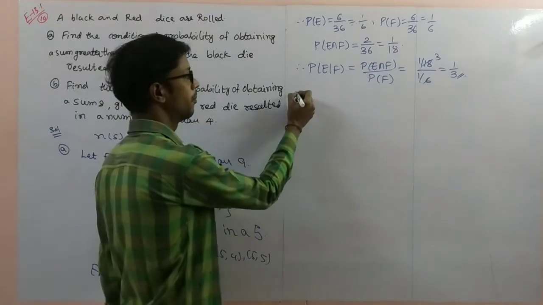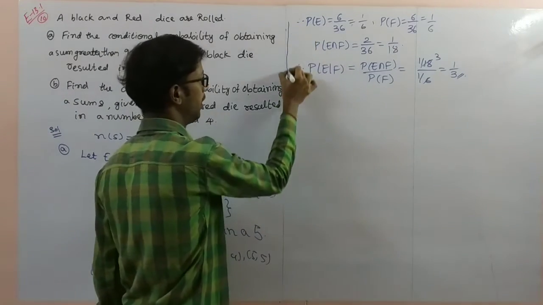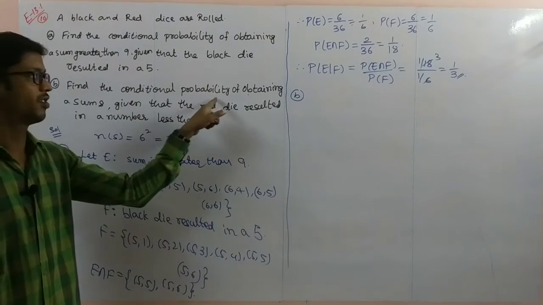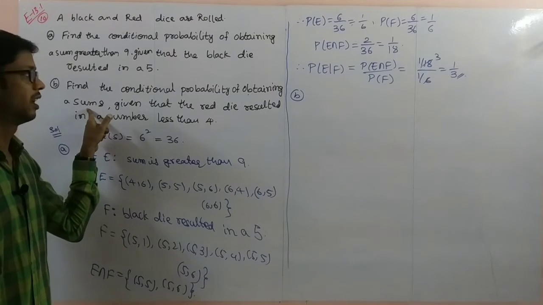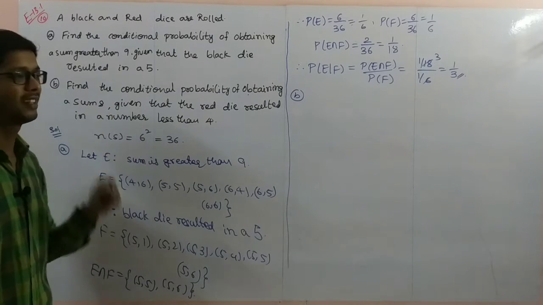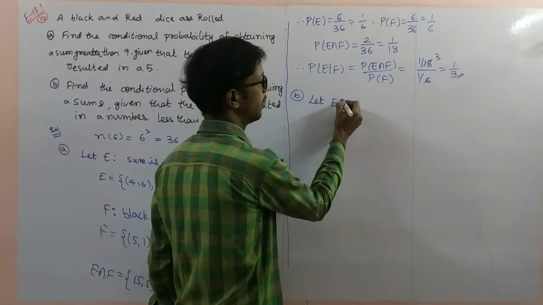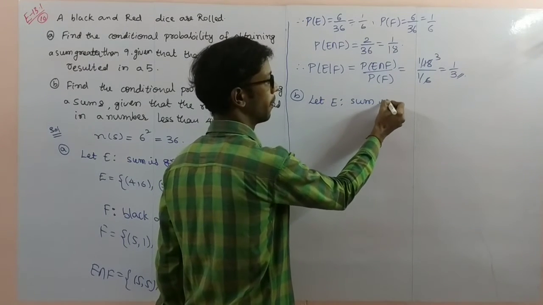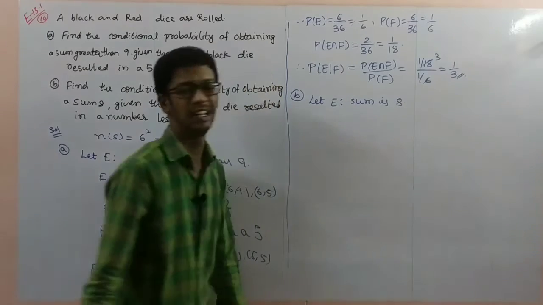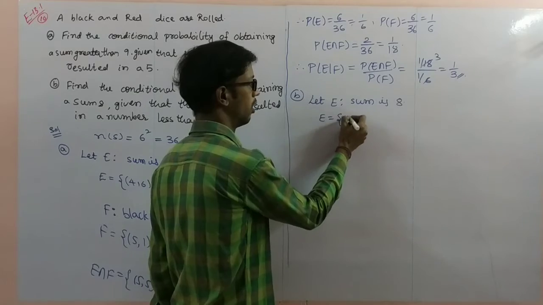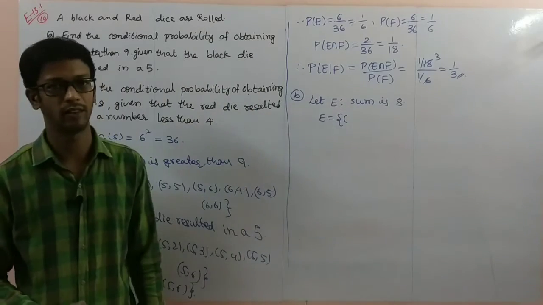Next, problem B. The question is, find the conditional probability of obtaining sum 8. First I'll take one event, sum is 8. So event E is the sum of the numbers is 8.